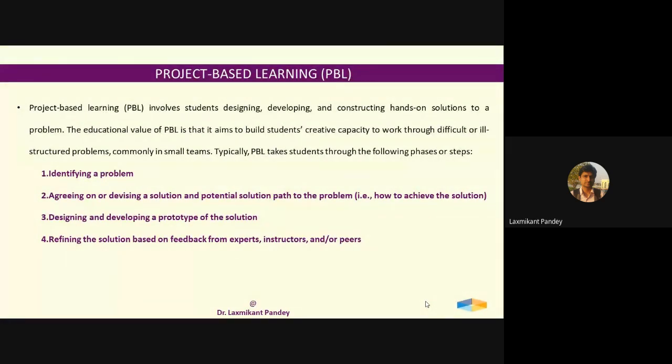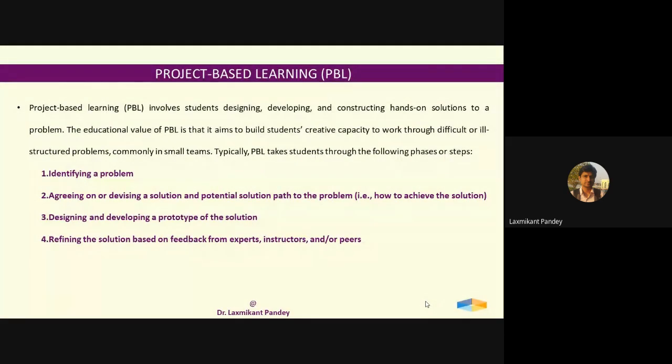So the students are going to think, and you are going to increase the critical thinking ability among the students. Keeping the problem in mind, the student looks for the probable pathways for the solution of that problem. So by the second point, you are going to increase critical thinking skills among the students.